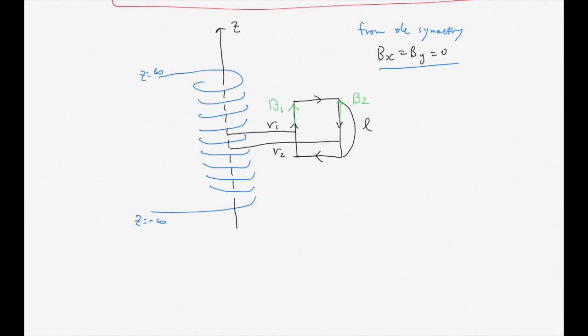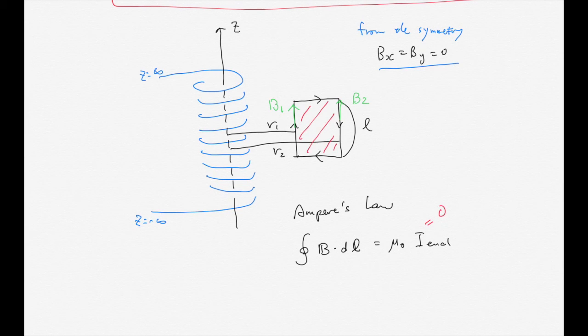And we'd like to apply Ampere's law. Ampere's law says the integral over the closed path is equal to mu sub 0 times I enclosed. In this case there is no current passing through this area, so I is 0, and the right hand side is 0.